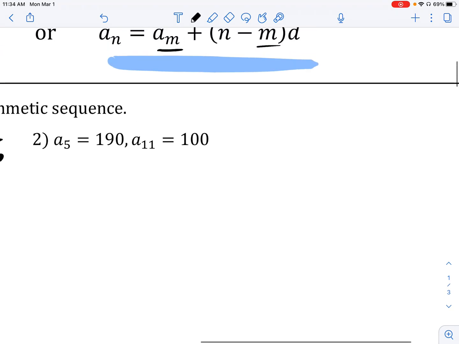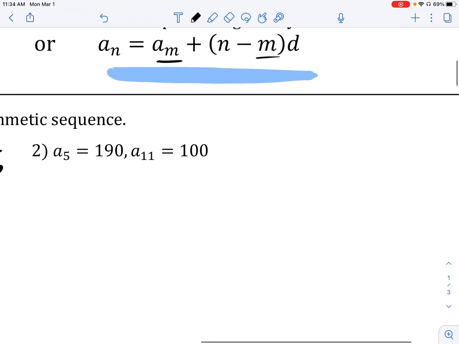And what I'm going to do is I'm going to actually plug in these values here into this general term. So what we're going to really do is we're going to treat this as our a sub m and this as our a sub n. And we're just doing this so that we can solve for our common difference. And it doesn't matter.